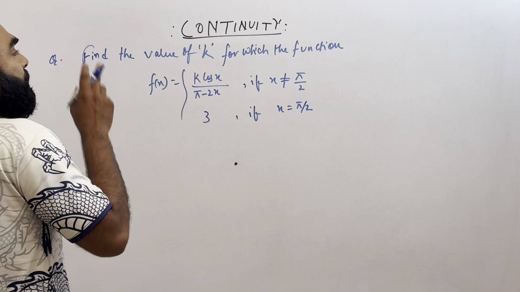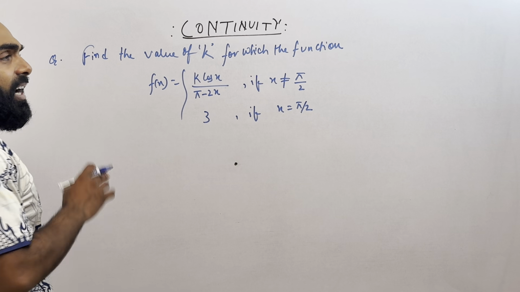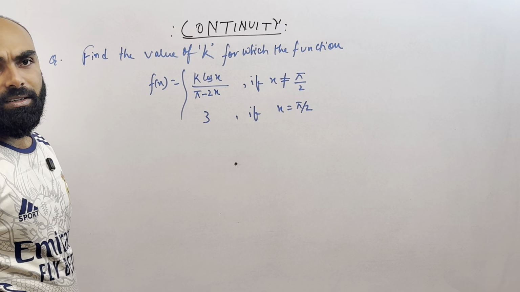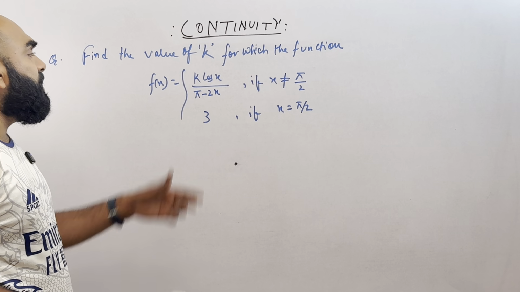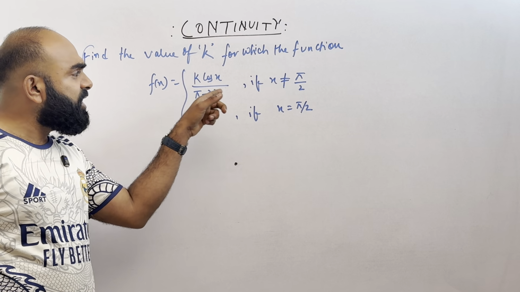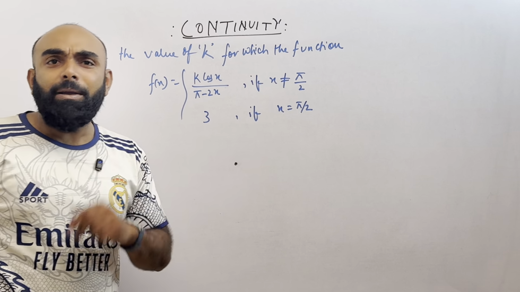So they are asking to find the value of k for which f of x is given as k cos x by pi minus 2x, and this function is valid when x is not equal to pi by 2. Not equal to pi by 2 means this function is valid for both x greater than pi by 2 and less than pi by 2.